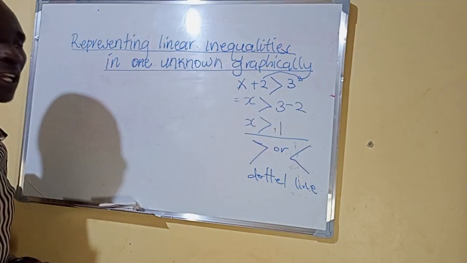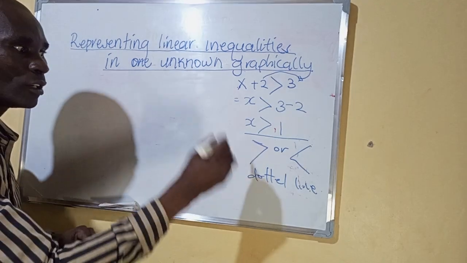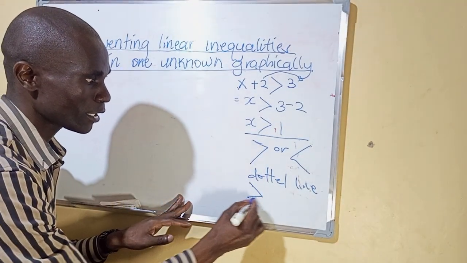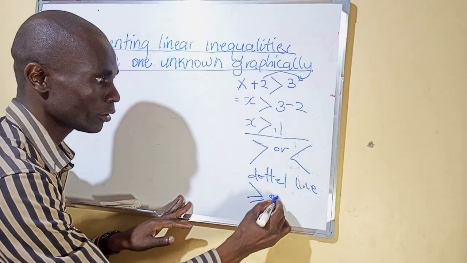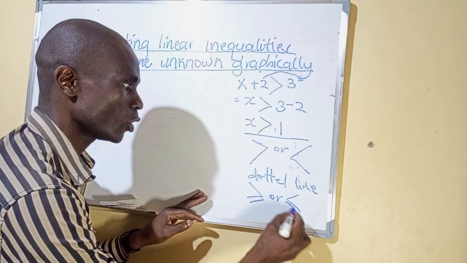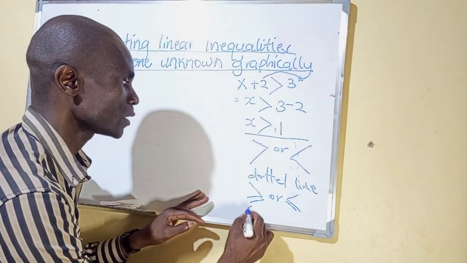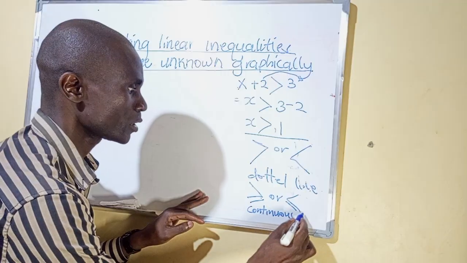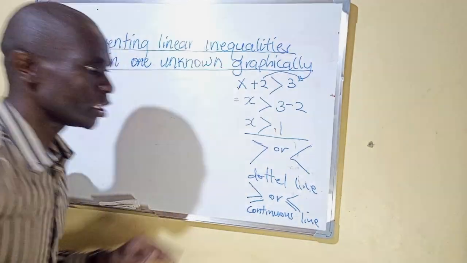We use dotted lines. Now, if the inequality is greater than or equal to, or less than or equal to, we use a continuous line. So we need to know that.